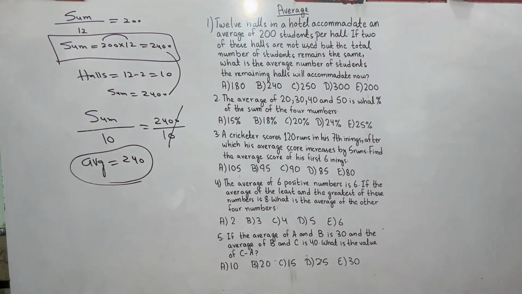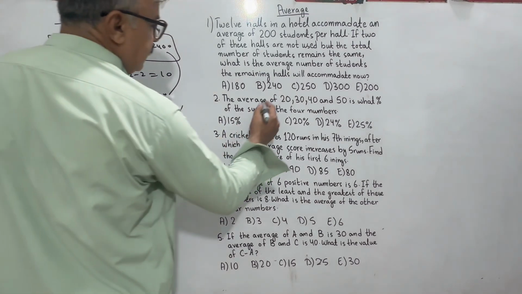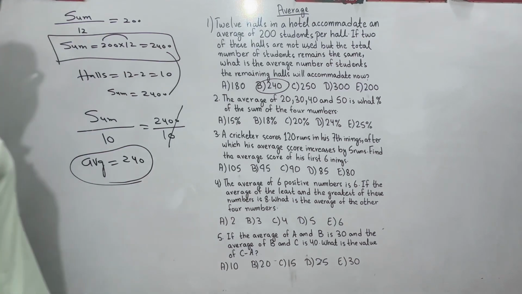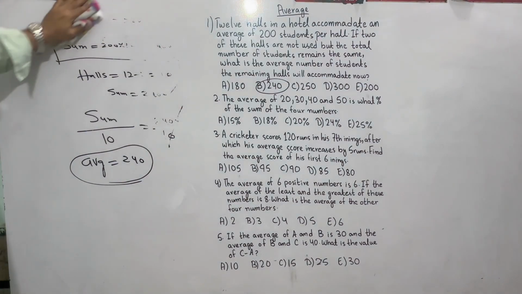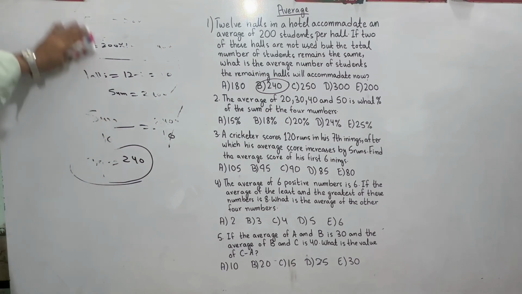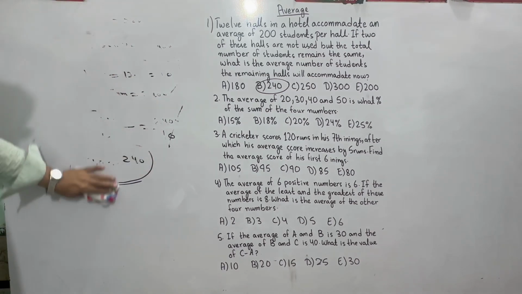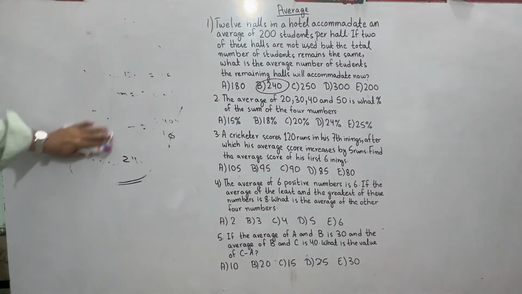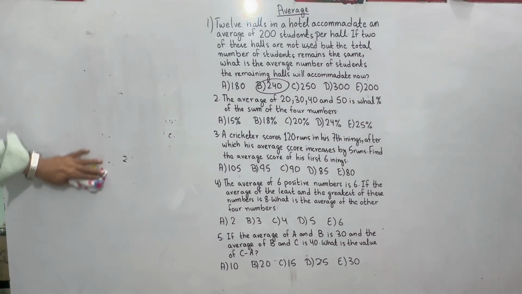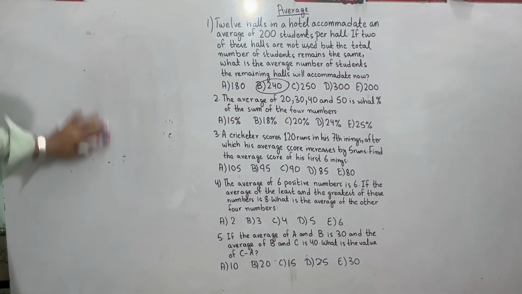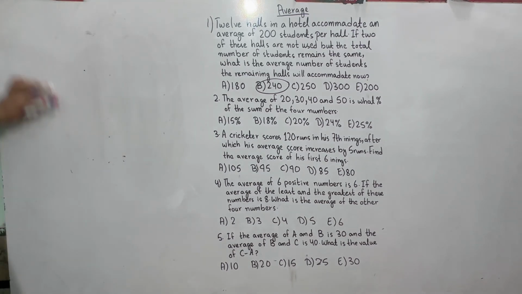So, initially 12 halls, each accommodating 200 students. After reducing 2 halls, the number of halls remains 10, and with the same number of students, 2400 divided by 10, 240 is the new average for the remaining 10 halls.